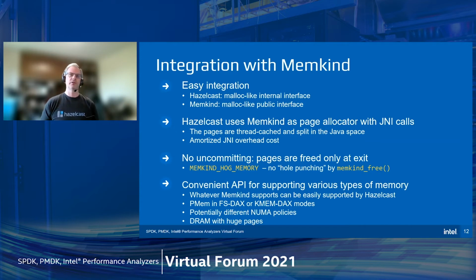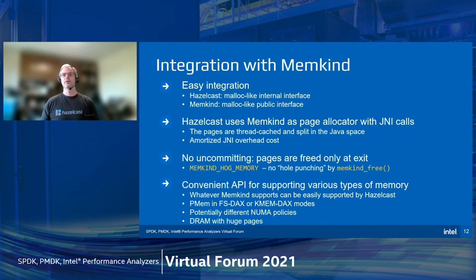The challenge we needed to solve is that Memkind is a C library, while Hazelcast is operating in the Java space. That means every single call that we make to Memkind has to go through the JNI, which is known as an expensive operation if it happens too frequently.